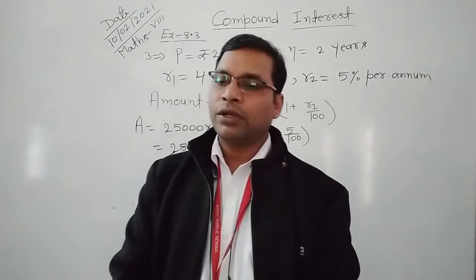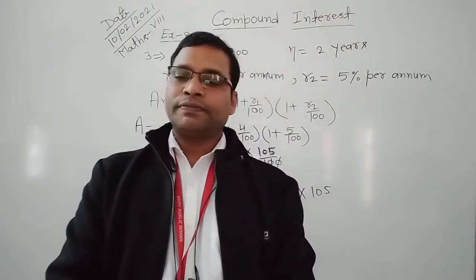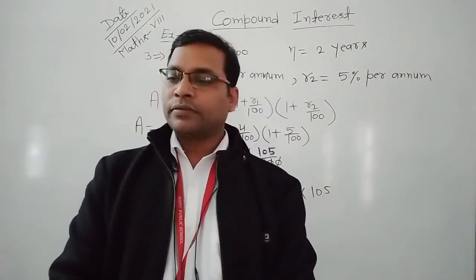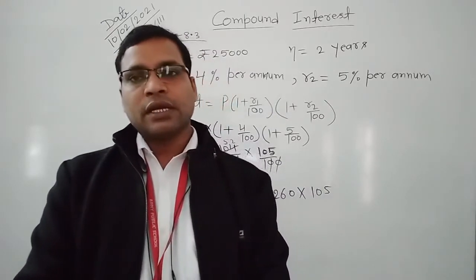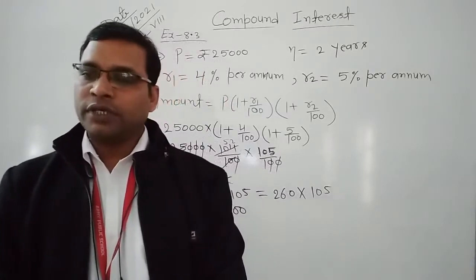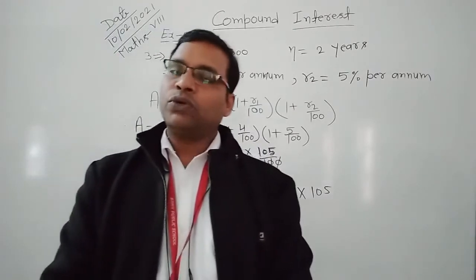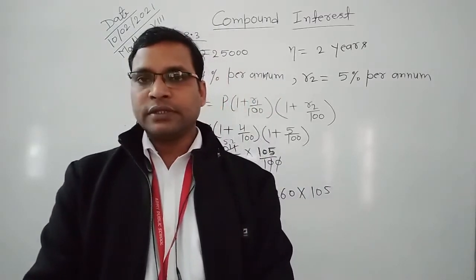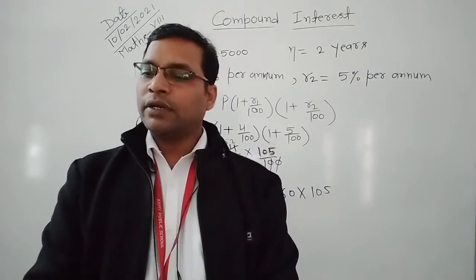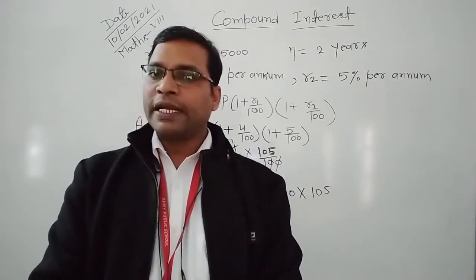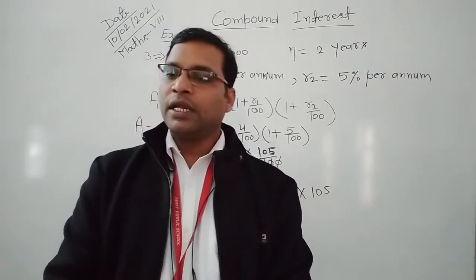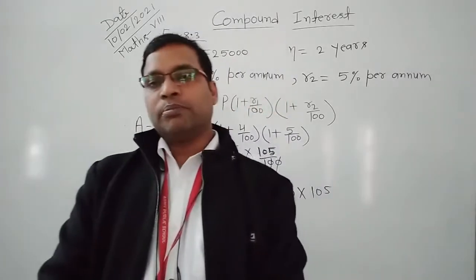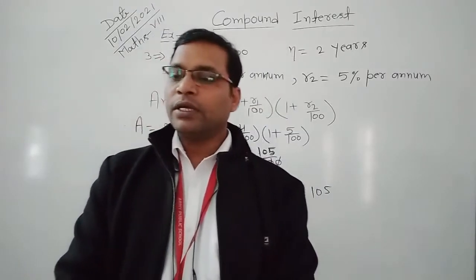Next, question number 4. Compute the amount and the compound interest on 10,000 compounded annually for 2.5 years. So student, here you can see 10,000 rupees principal is given, time is 2.5 years, and the rate is 4% per annum, compounded annually.